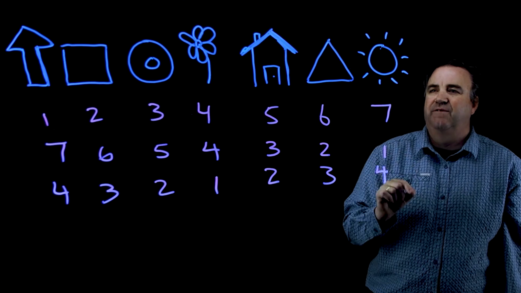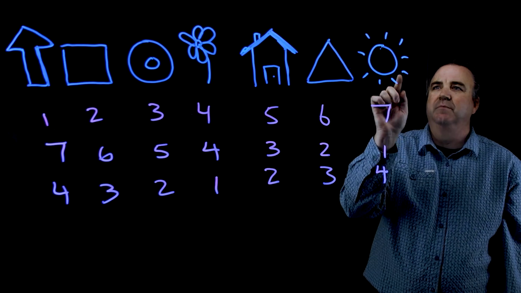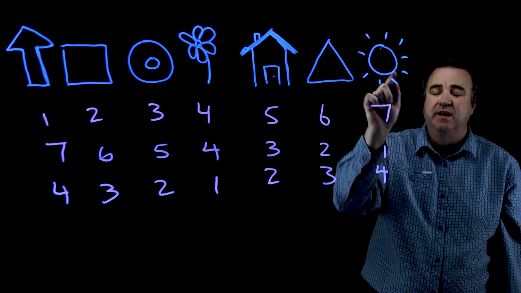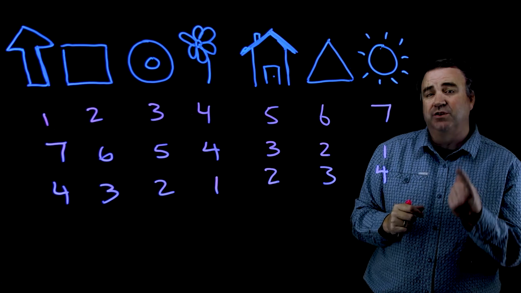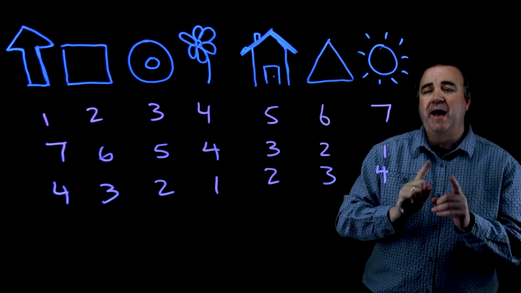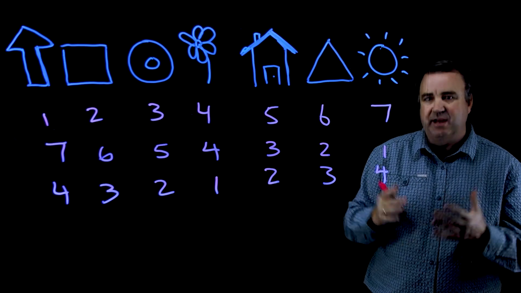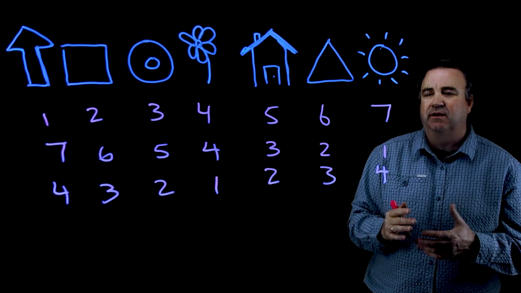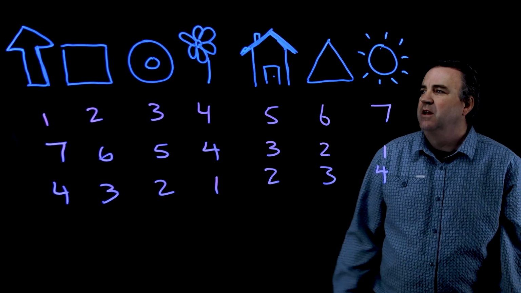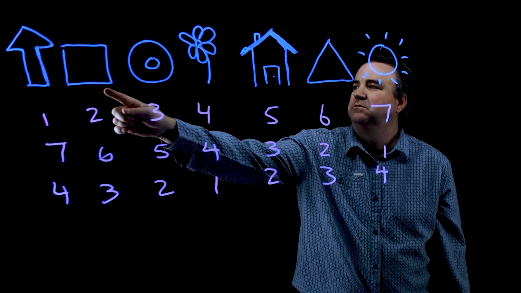If I want him to guess the sun the very first time, I'm going to say, is it the sun? In his mind, he's thinking, we're on the first question, and that's a 1. If those match, then he would say, yes, that's what you picked. Now, let's go through this. I'm going to start with saying, is it the square?